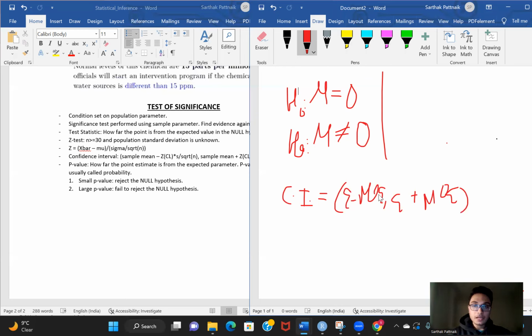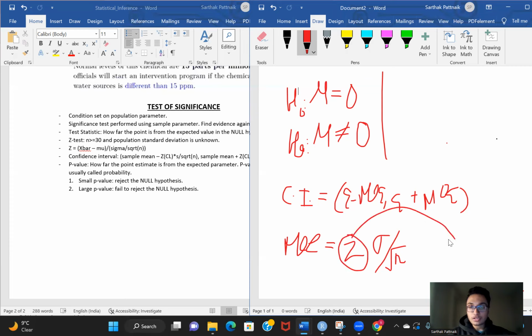This margin of error was defined somewhat like this. So this Z value is what is referred to as your test statistic.